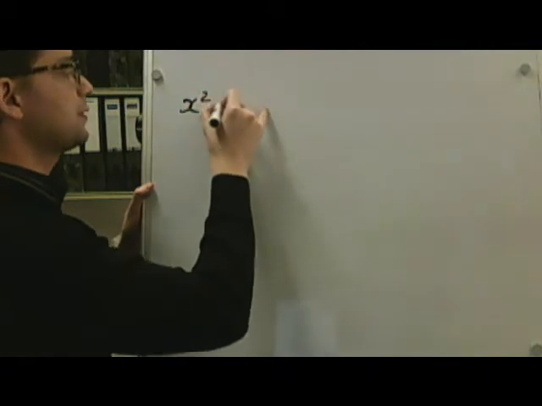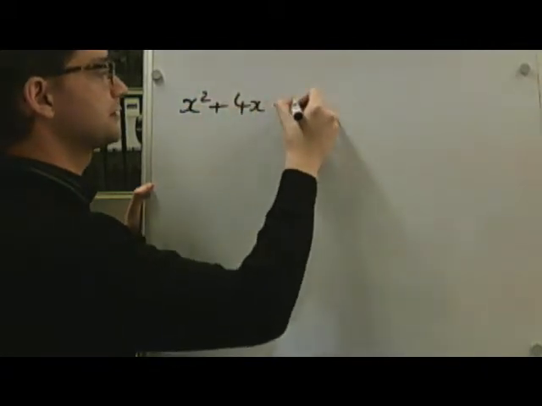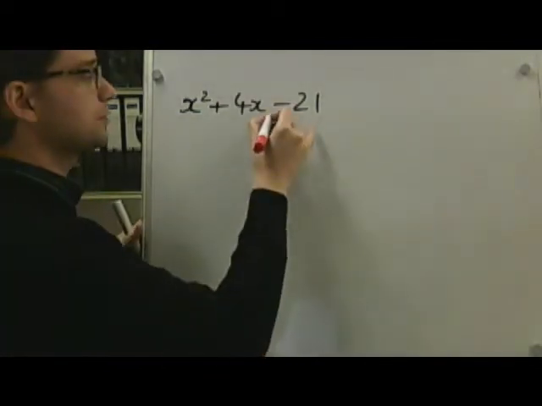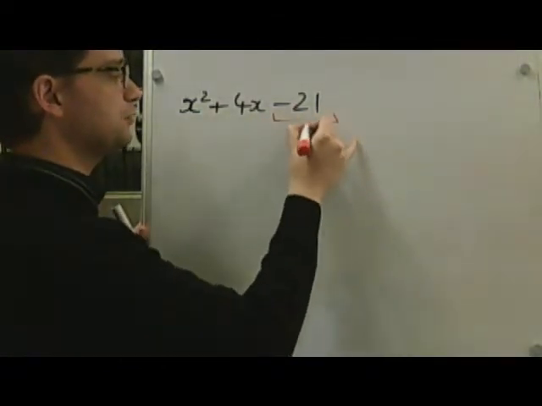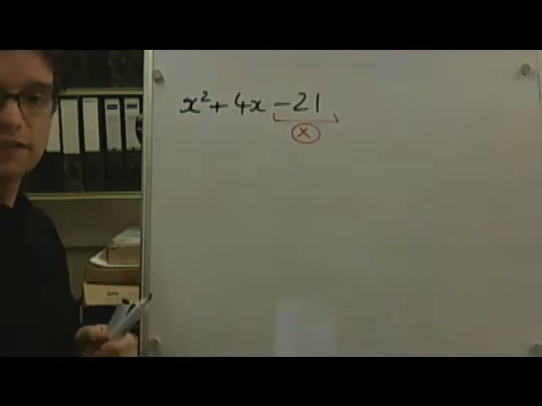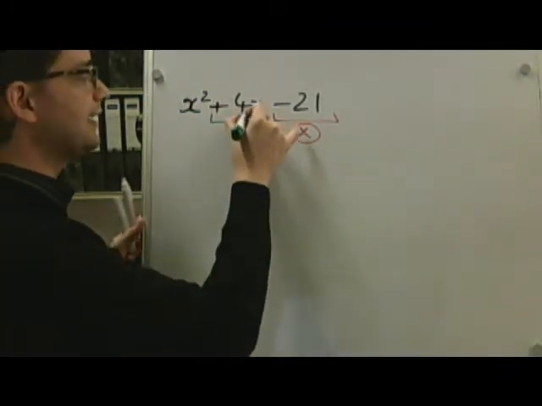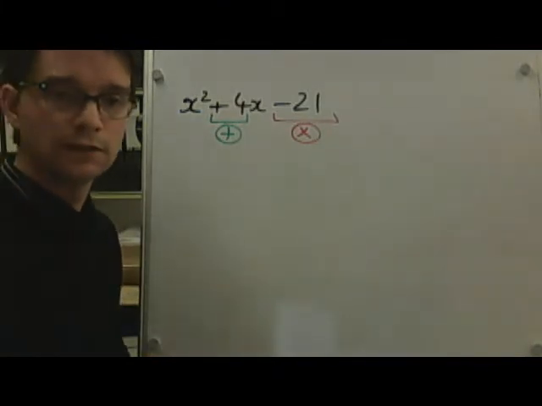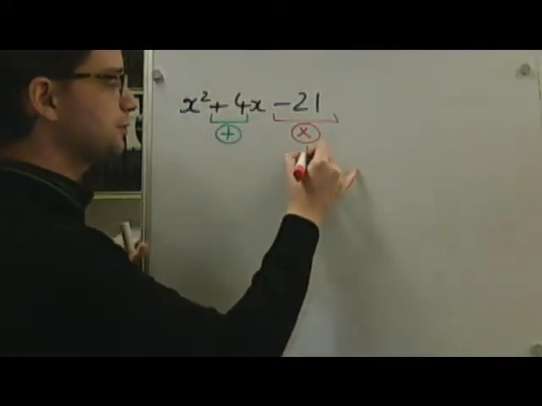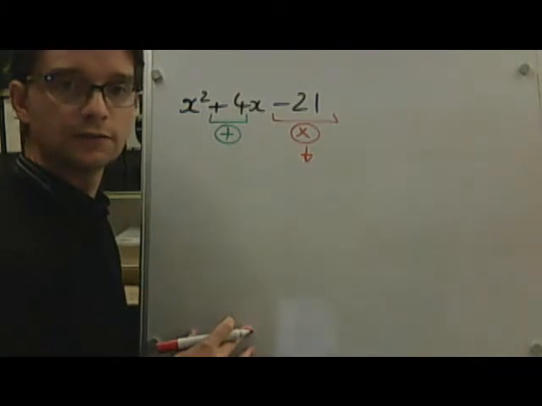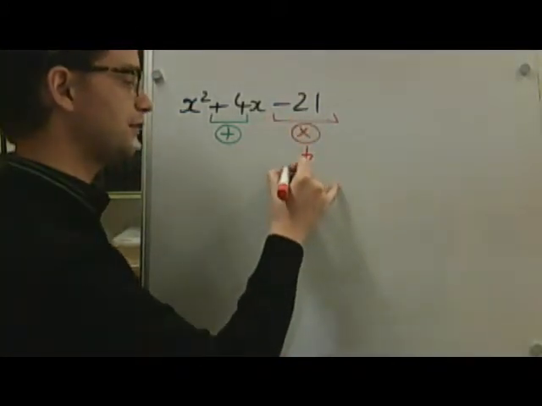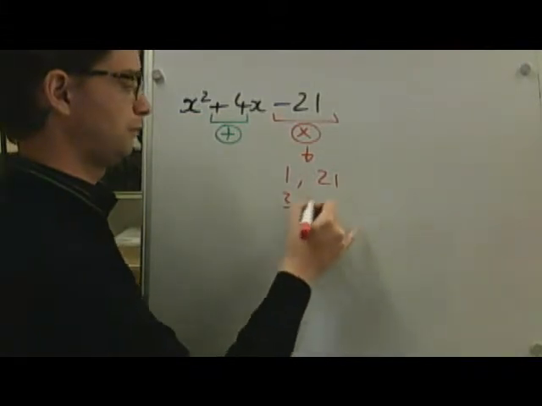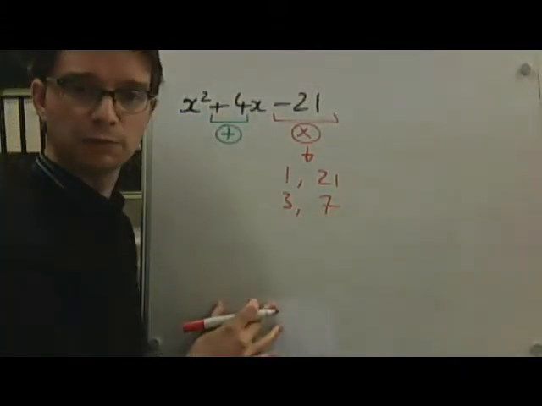Suppose I've got x squared plus 4x minus 21. So I'm looking for a pair of numbers that multiply to give minus 21 and add to give plus 4. And it's always the multiplying that's the place I'll start. Because to get 21, I think I probably need 1 and 21, 3 and 7, and that's probably it.